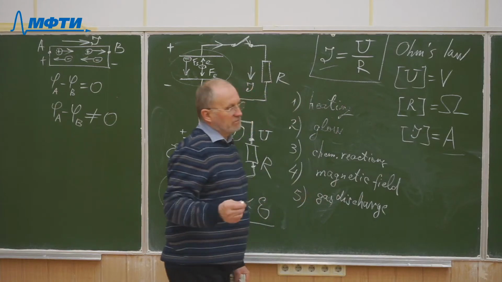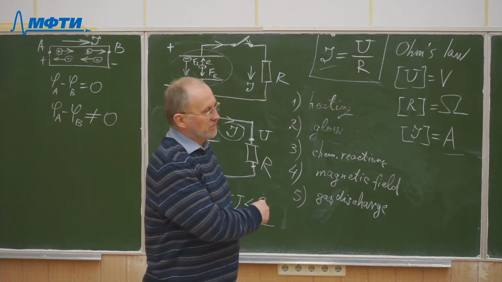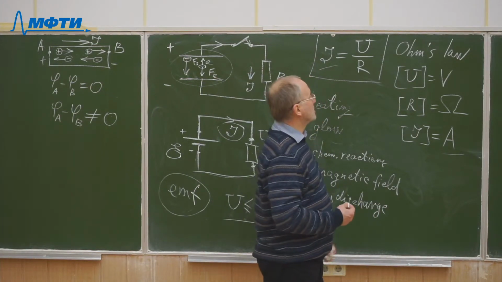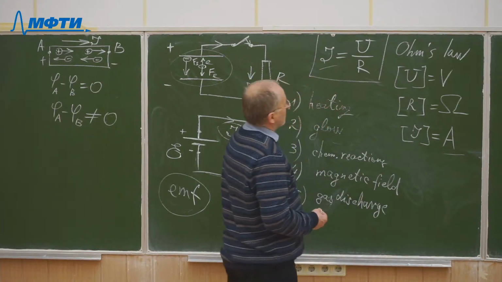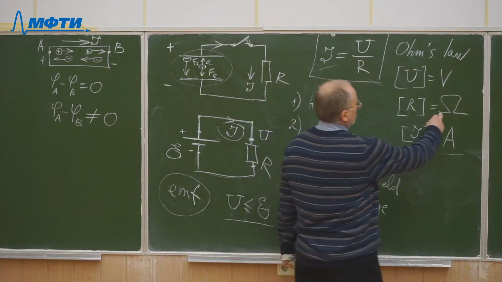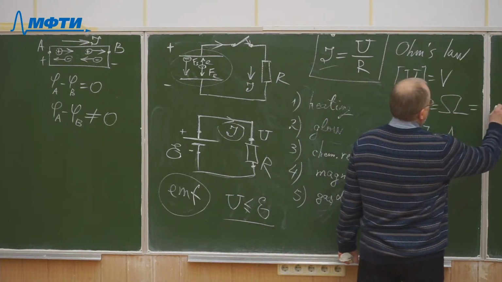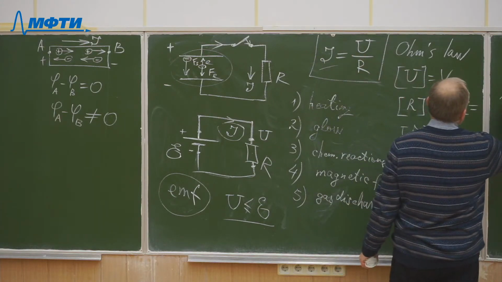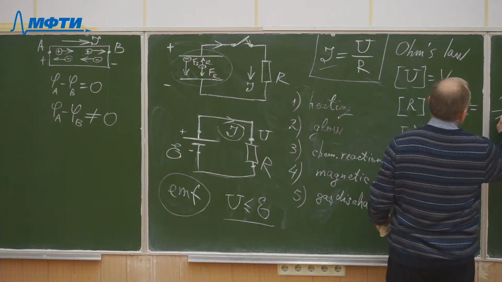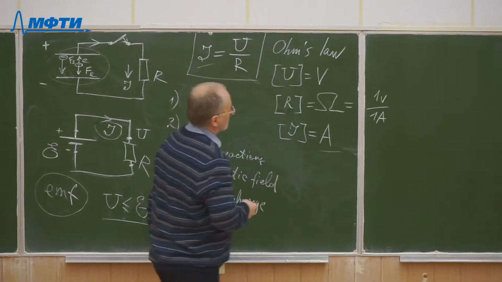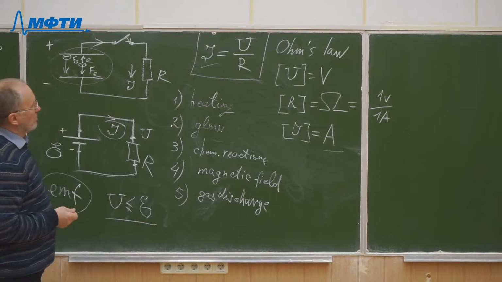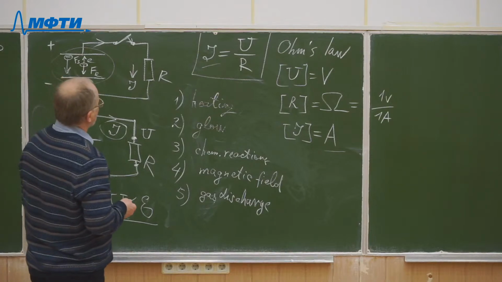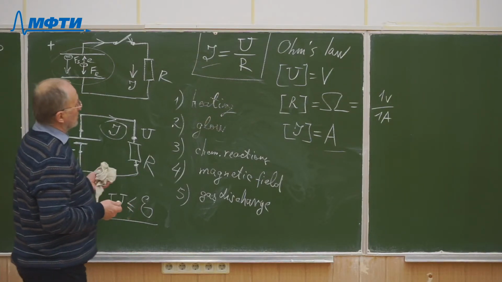If the work equals 1 joule to move a unit charge from one point to another, then the potential difference between these 2 points is 1 volt. And hence, what is 1 ohm? From this equation, it's 1 volt divided by 1 ampere. That is the definition of 1 ohm of resistance.